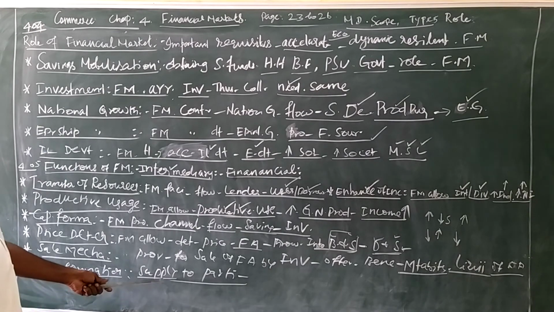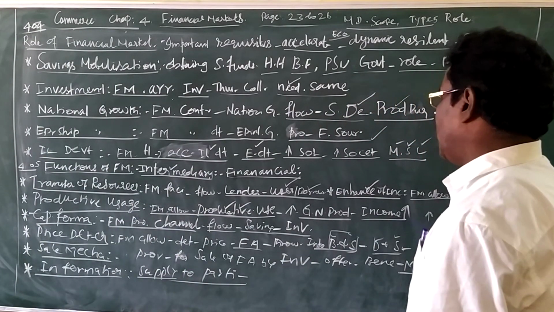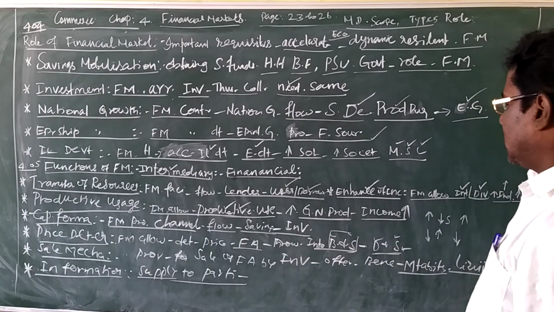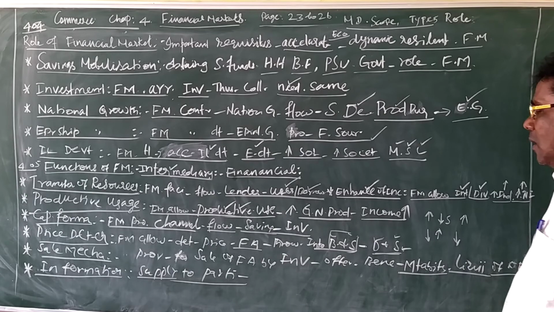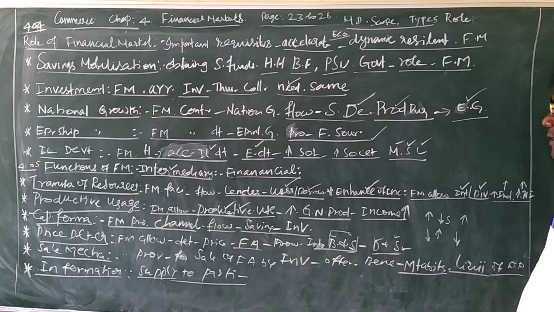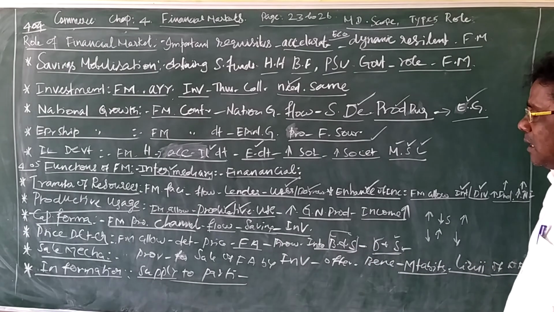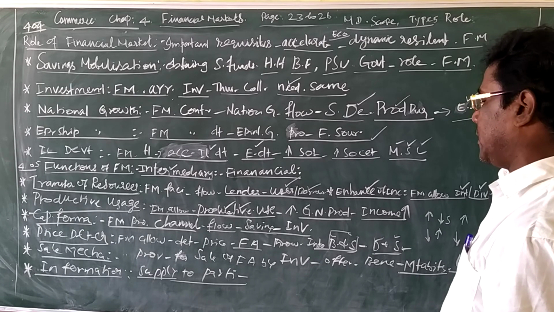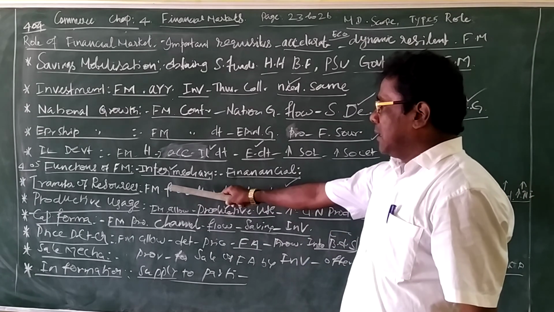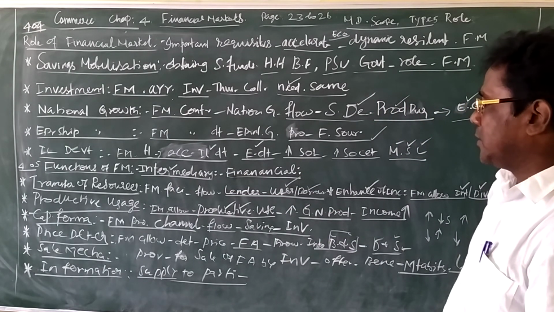A number of participants are involved by way of buying and selling of financial assets, whether they are buyers of financial securities, sellers of financial securities or any other participants. All of them get the information by way of the functions of the financial market.